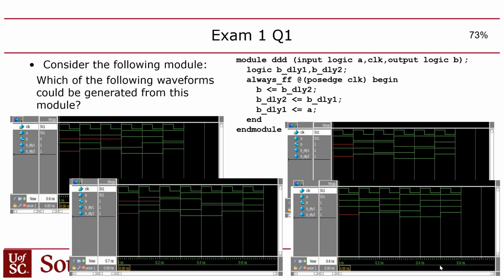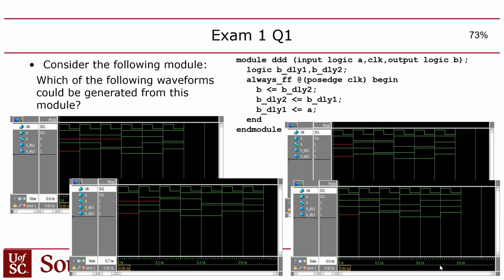Now this is a little confusing because B delay 1 has a value right at the beginning, but if you look at the shape of it, it's high for, in this case, 2 cycles, low for 2, and then high again. So if you compare B delay 1 to A, it's shifted by 1 cycle to the right.